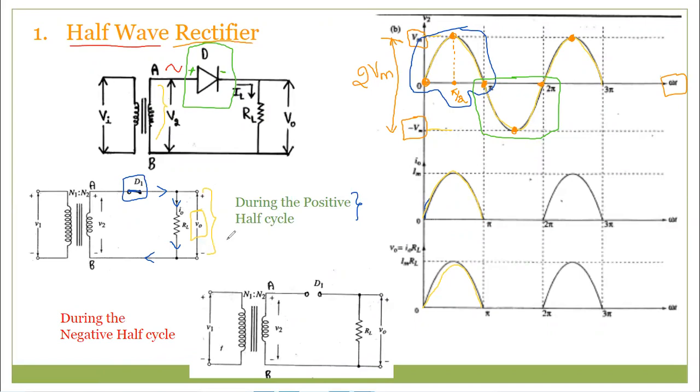Here you can observe the negative of the power supply is connected to the positive of the diode, and that is nothing but reverse bias. That's why the diode will act as an open circuit, or the diode will not conduct during the negative half cycle of the power supply.